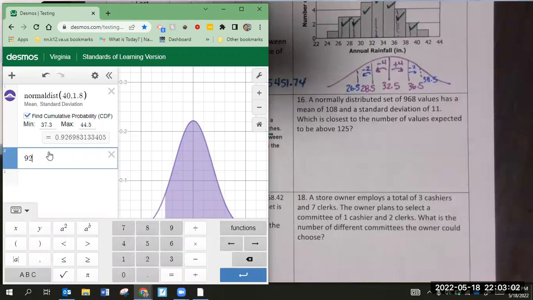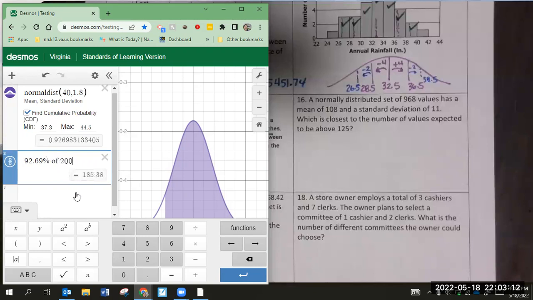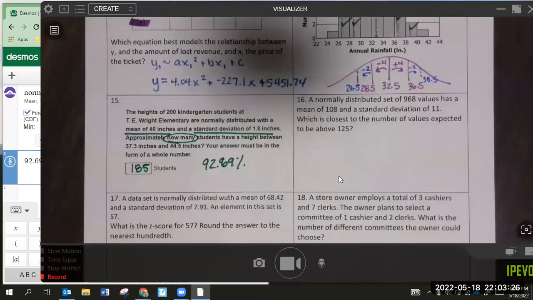We want 92.69% of how many students are in this school, 200. And so we've got about 185.4. Your answer's got to be a whole number. So let's stick with 185 students because you can't have 0.4 of a student.